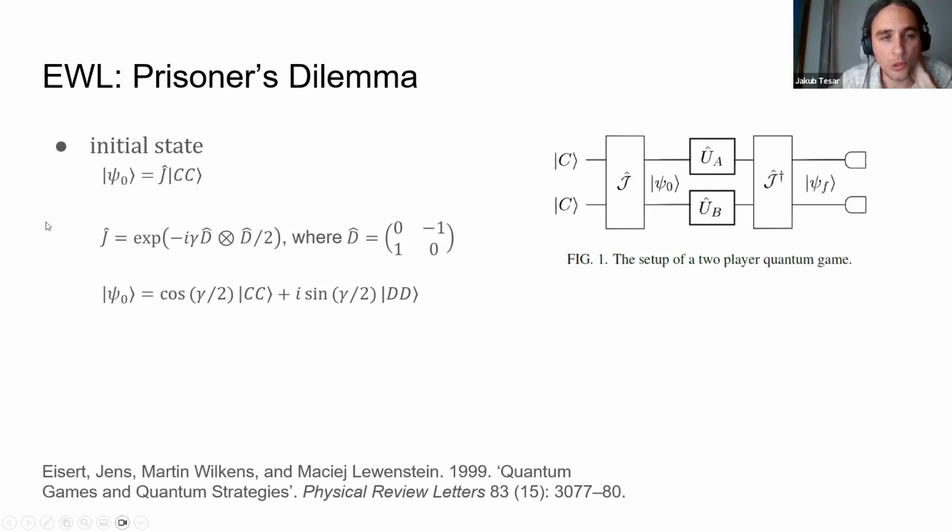You would have to think how it looks, but you can write the psi 0 vector as cosine of gamma half multiplied by CC, the tensor product representing mutual cooperation, plus i and sine of the same angle of mutual defection.